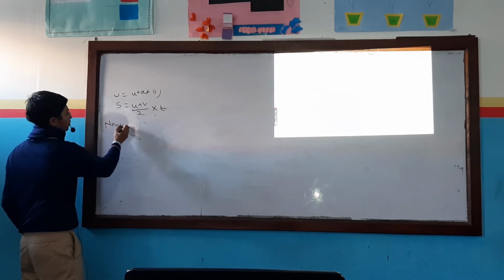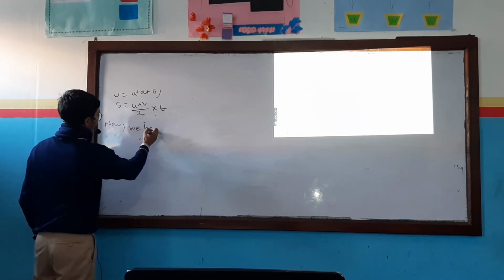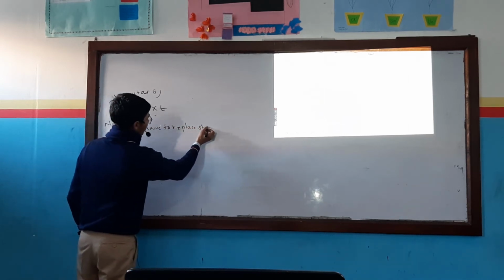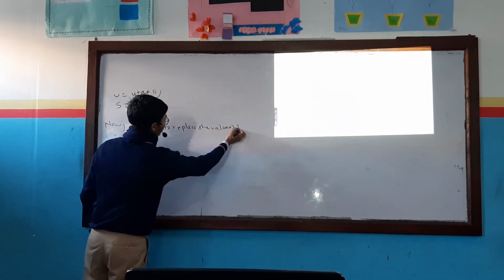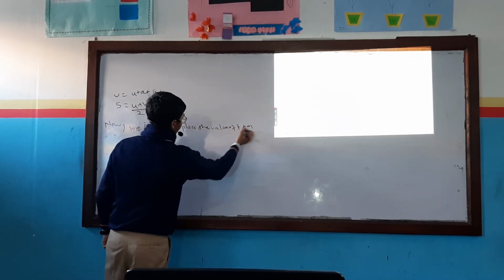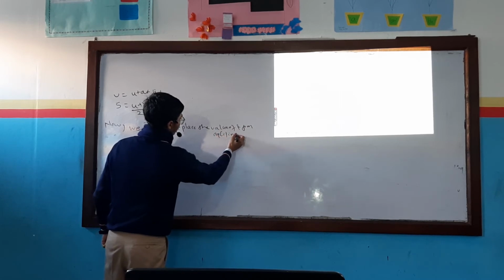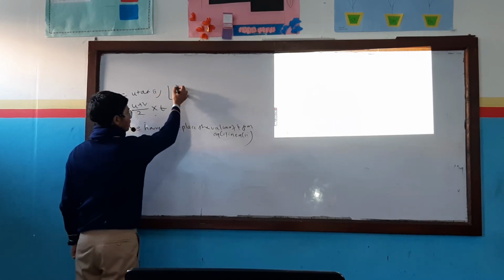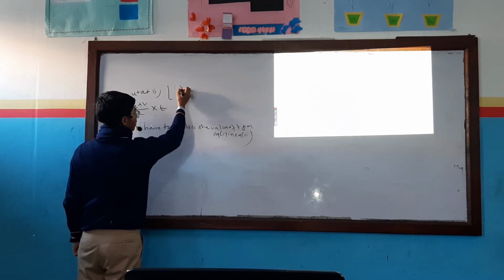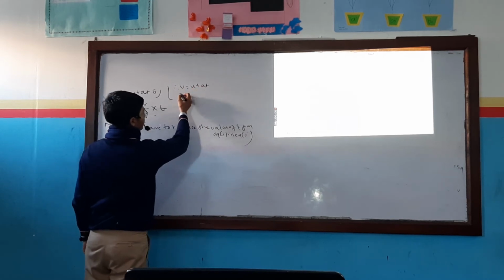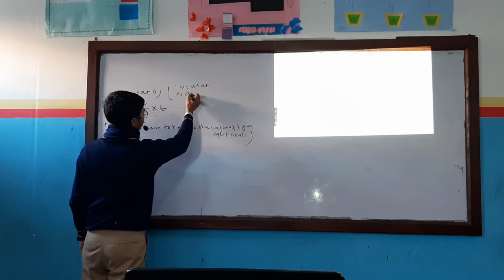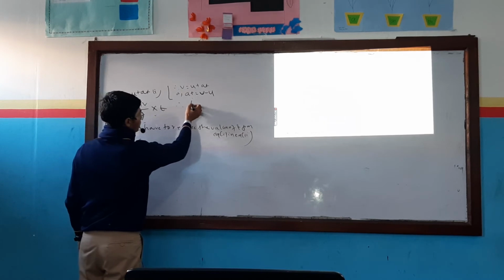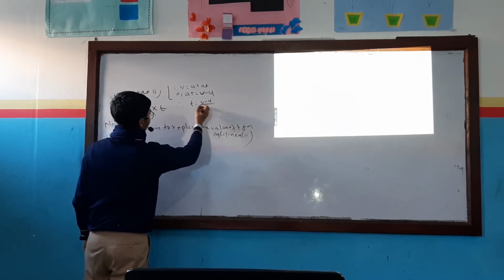Now we have to replace the value of t from equation 1 in equation 2. v is equal to u plus at. Now while deriving, a comes here and v minus u. Therefore t is equal to (v minus u)/a.